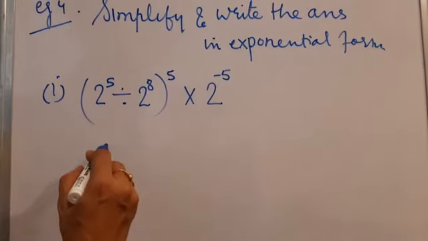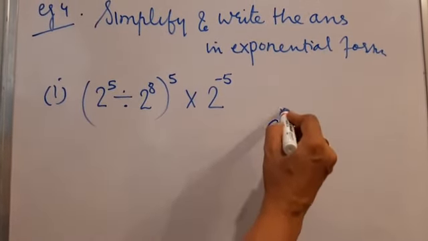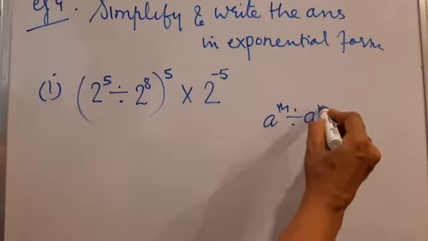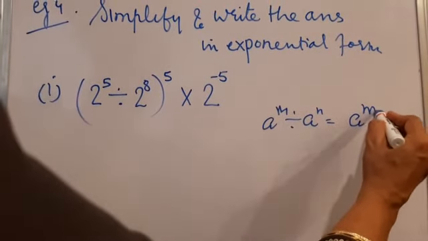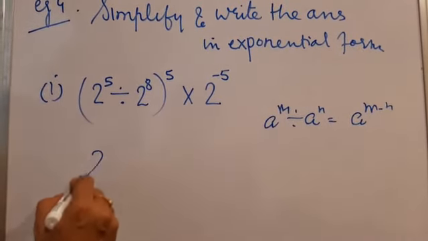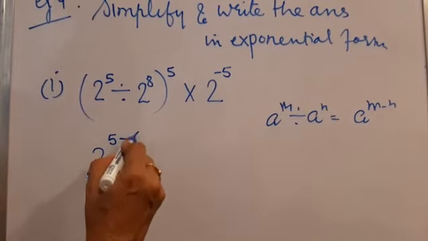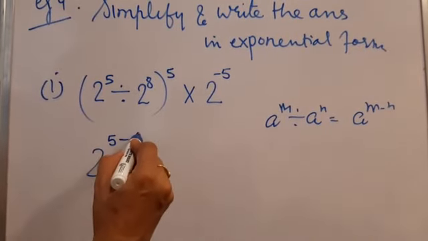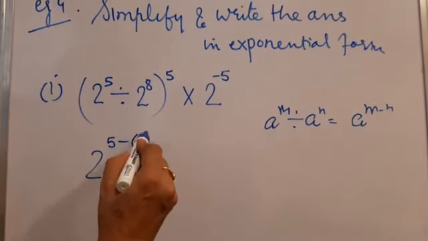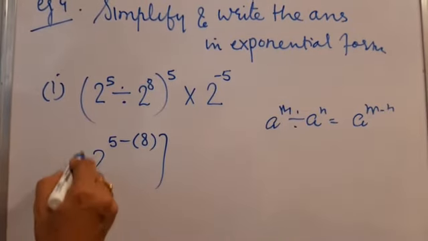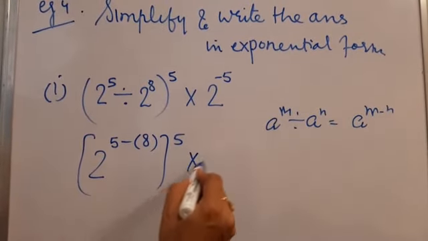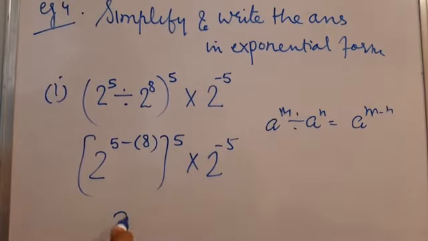Powers will be subtracted here. The rule is a raised to power m divided by a raised to power n is equal to a raised to power m minus n. It means 2 raised to power 5 minus 8, so it will become 2 raised to power minus 3.